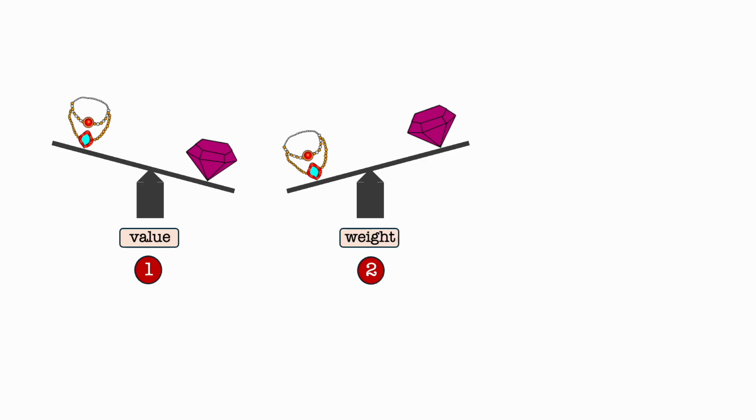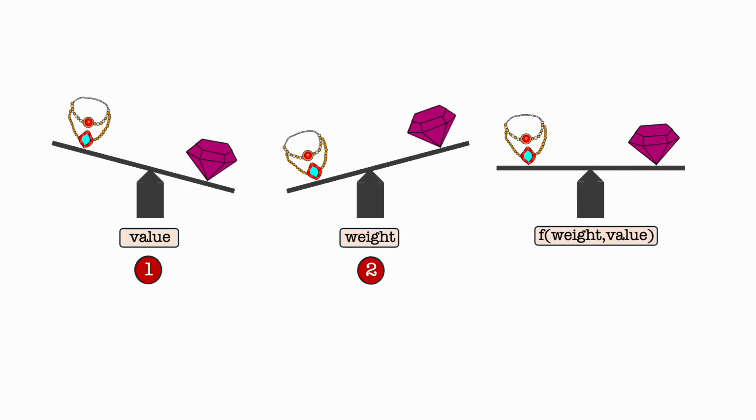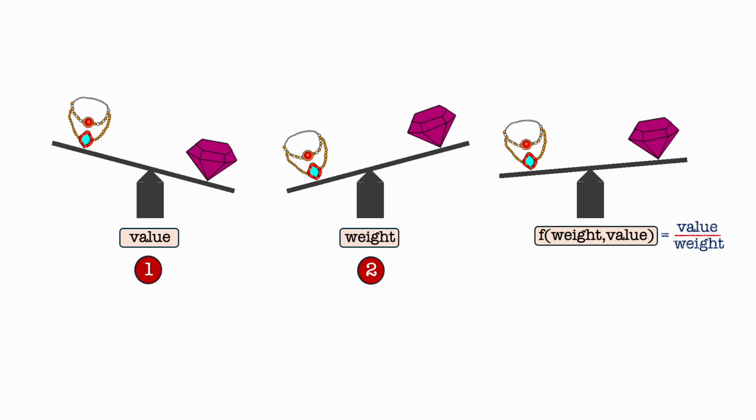Since both are important, what if we design some function that considers both the weight and value of each item, and based on the value of the function, we decide which item to keep in the knapsack? A possible function is the ratio of value and weight that calculates how much value we get from each unit of weight for each item. It is also termed as efficiency. So, finally, we have three possible ways to design a greedy approach for the 0 1 knapsack problem.